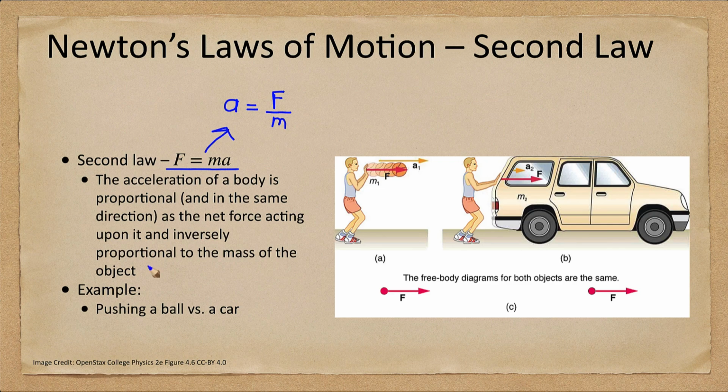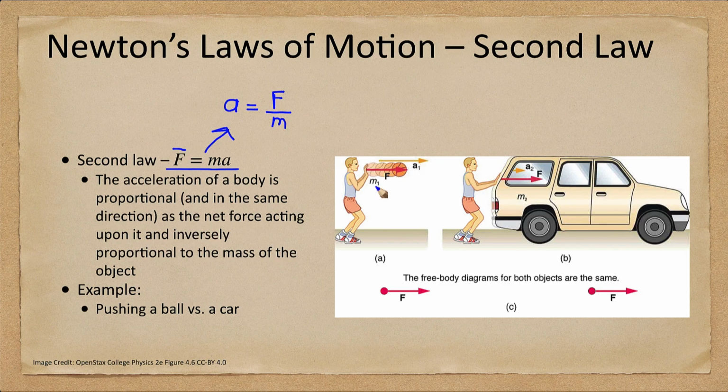Well, we look at the examples here of a person pushing a ball with a force, and then pushing a car with the same force. So we have identical force in both cases. We push the ball and the car with the same amount of force. Well, the masses are different.